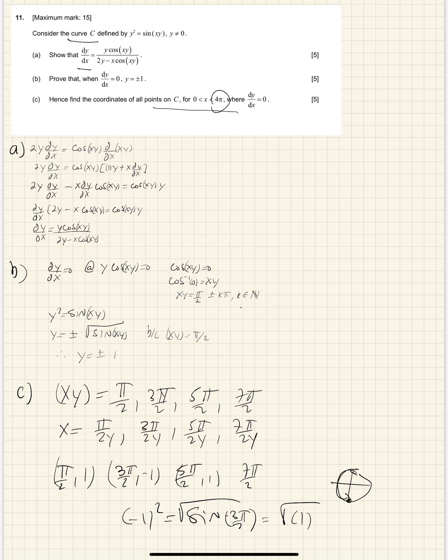We're back here, because negative 1 squared can equal the sine of 7 pi over 2, which gets us back to pi over 2. So I believe these are all the coordinates on C from 0 to 4 pi where the derivative is equal to 0, keeping in mind that y equals plus or minus 1. That is a challenging question.